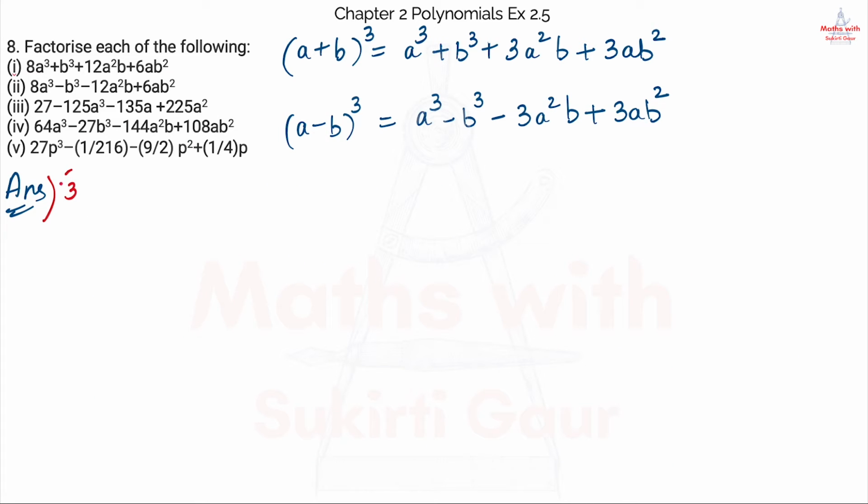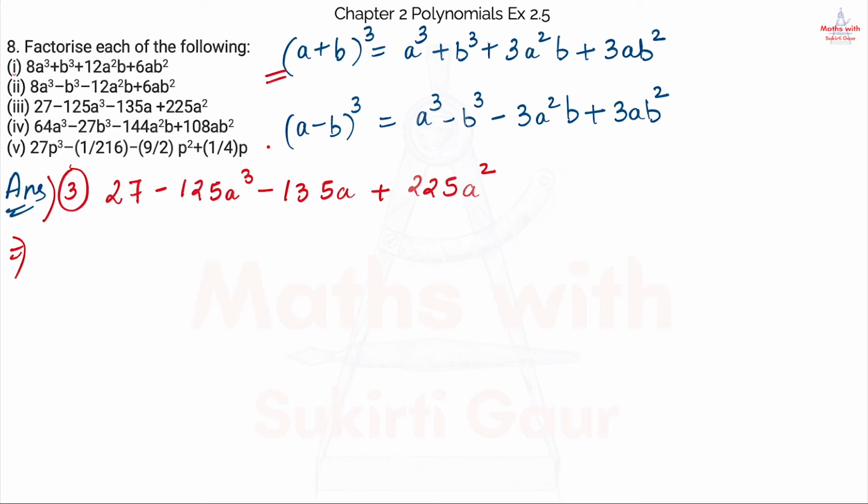Coming on to the third one, we have 27 minus 125a cube minus 135a plus 225a square. Again we have 4 terms. This is also the expanded form of some identity out of these two.